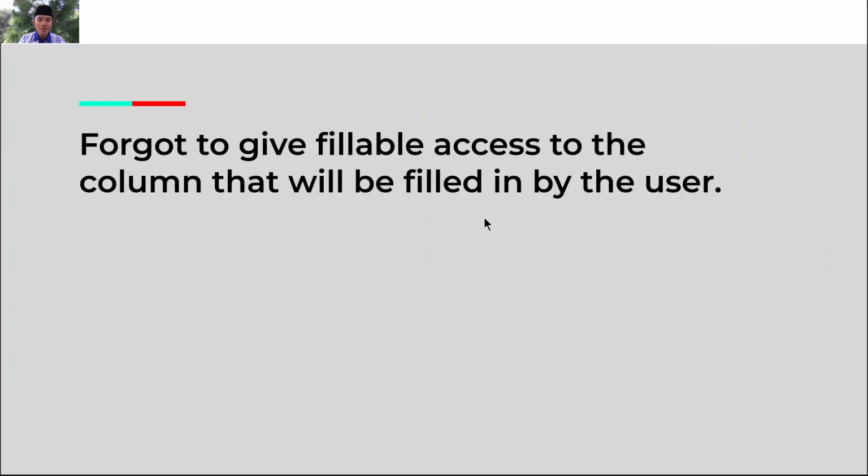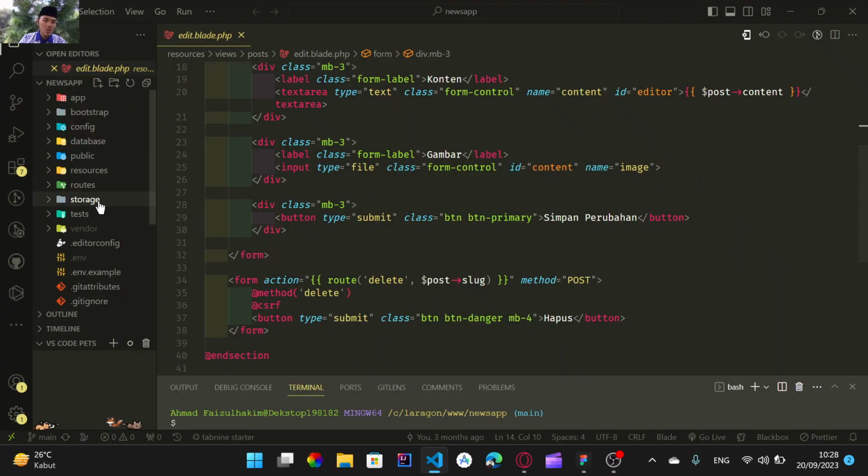Sorry, okay. Forgot to give fillable access to the columns that will be filled in by the user. This is a common mistake for a lot of programmers, because I also always forget to give fillable access to the user. You can check it in your model.